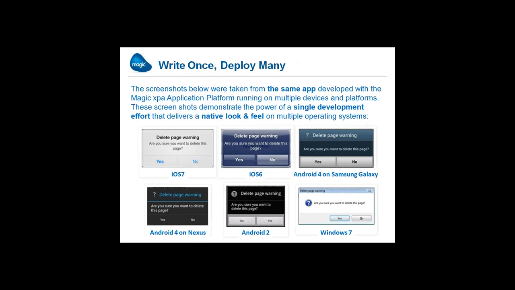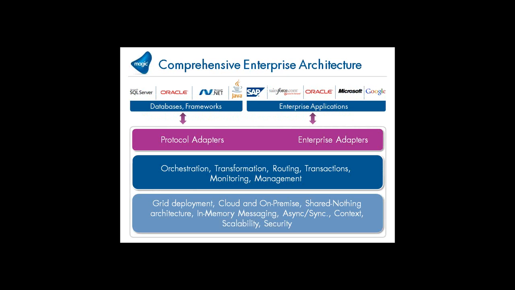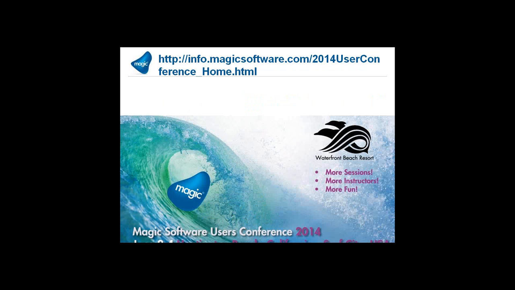And the great thing is that as you create your Magic application, then when you deploy it to these various operating systems, it takes on the look and feel of those operating systems as you've designated. And all of this is included in one single stack architecture from Magic, which makes it very easy for you to bring it into your environment, get it up and running and going to accomplish what you want to do.